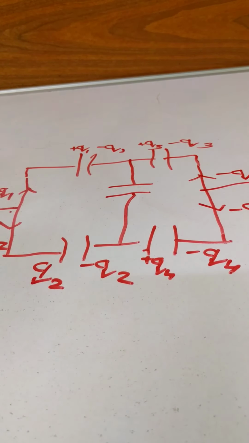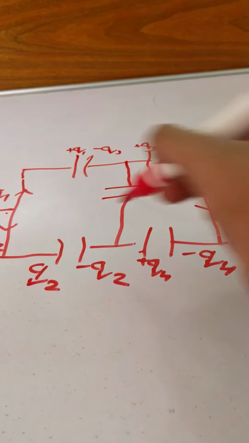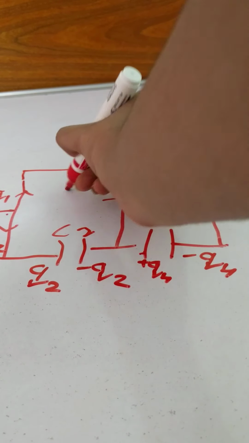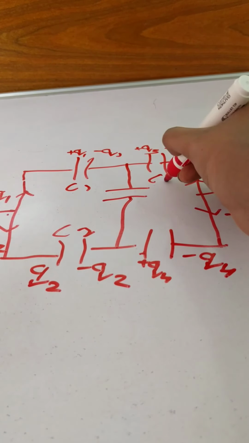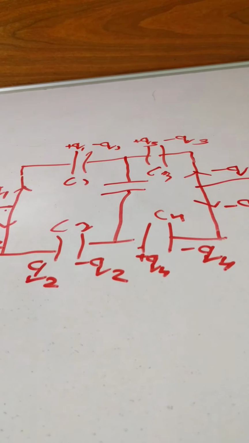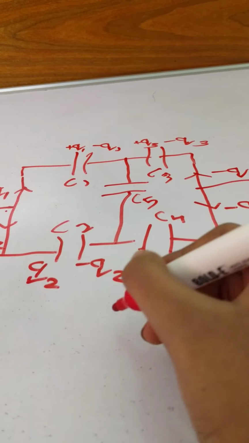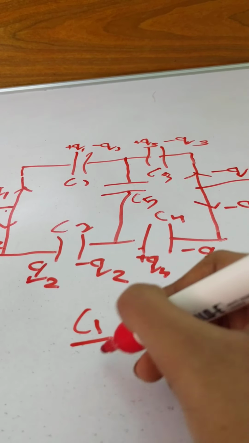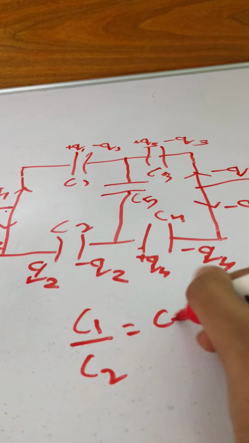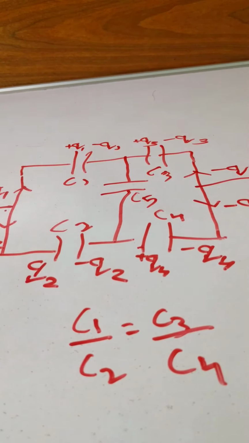In this I have assumed that equal current will flow in both directions. This is C2, this is C1, this is C3, this is C4, this is C5. I also told that C1 by C2 is equal to C3 by C4, which is case number 1. In the next video I will explain case 2.